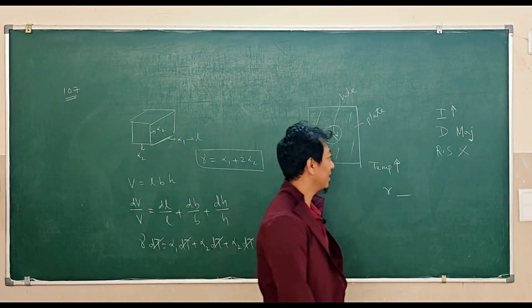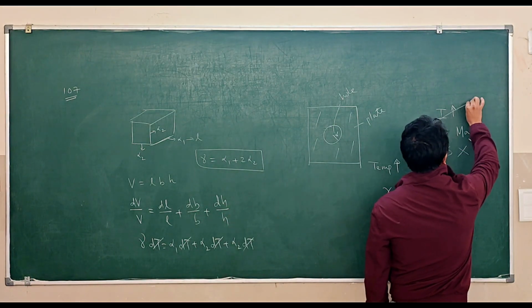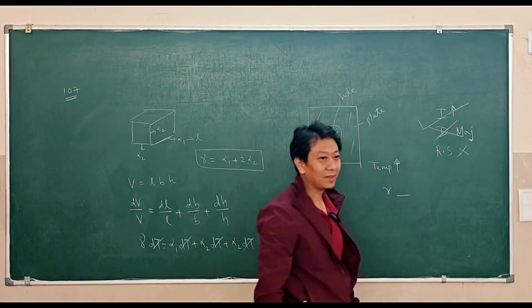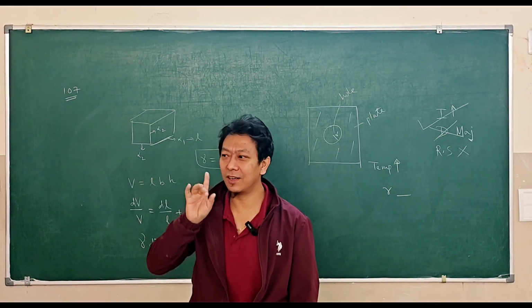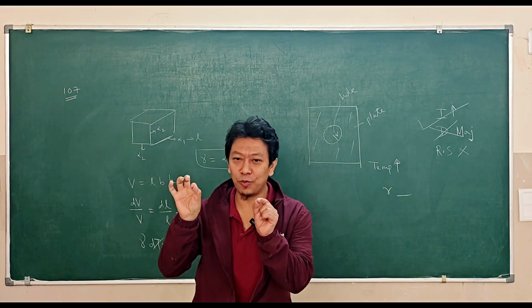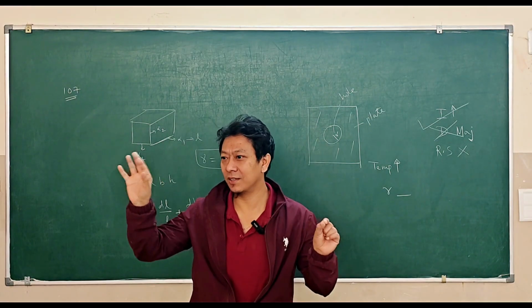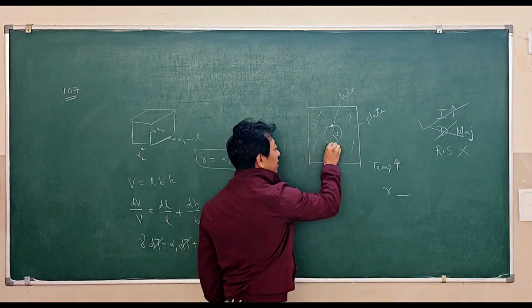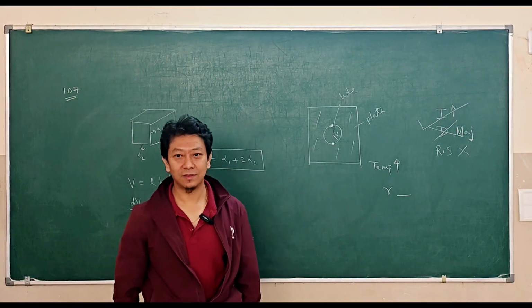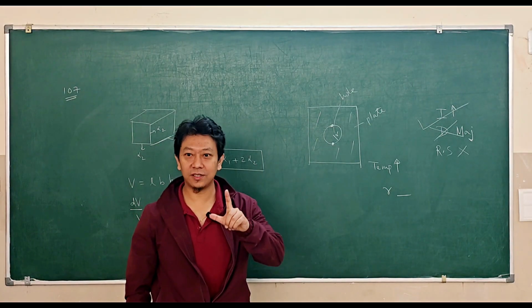So the right answer is increases. This is wrong. First let me give you one simple answer. When I taught you linear expansion, what I told you: distance between any 2 points will increase. So distance between this point and this point will increase. It has to increase.